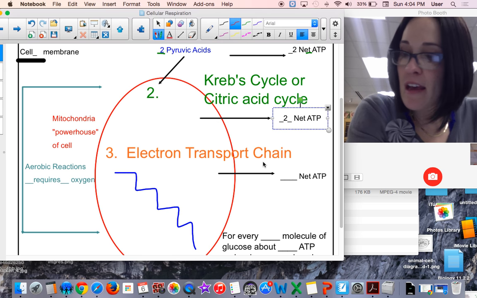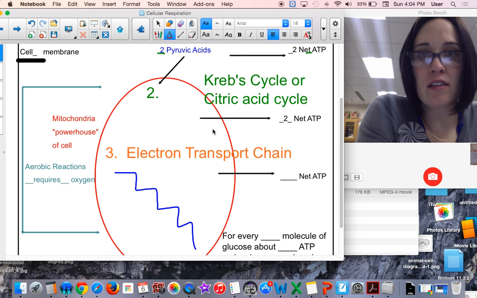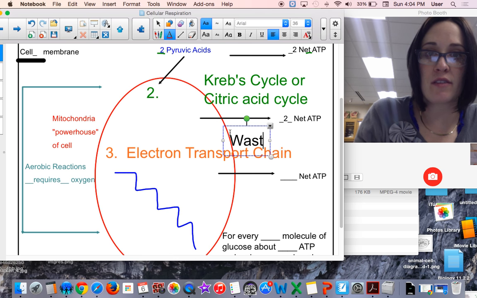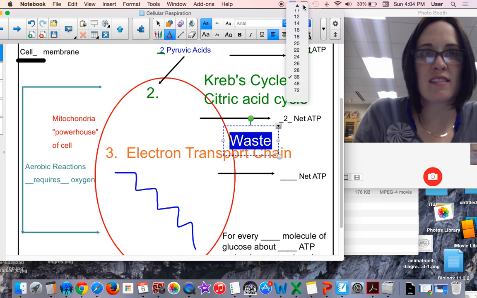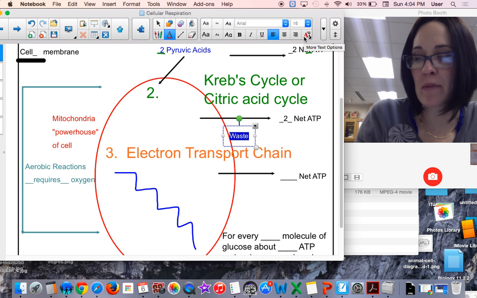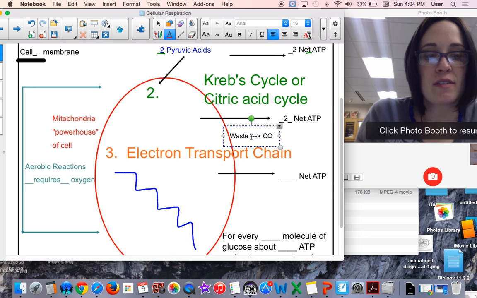Okay, and you should also note, add this part right here. A waste product, or essentially another product produced from the citric acid cycle. Okay, don't let that word waste confuse you. It just means something else that's produced besides the ATP as a result of the Krebs cycle is CO2.